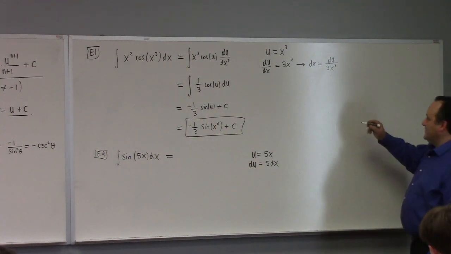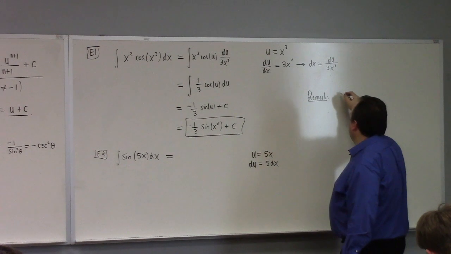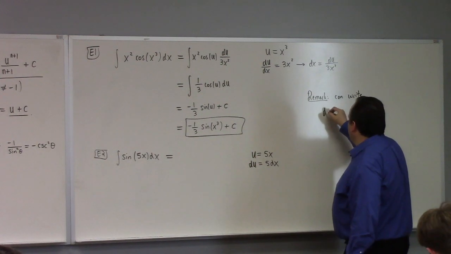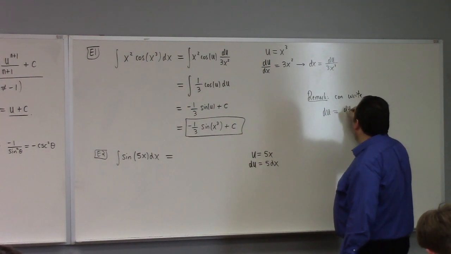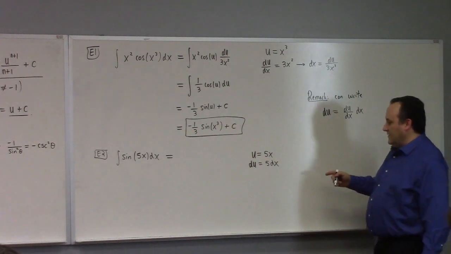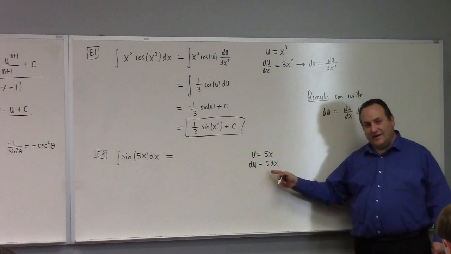Oh, by the way, I'm going to start using a shortcut. I can write du is equal to du dx times dx. So that's what I do: I simply differentiate and multiply the derivative by dx.